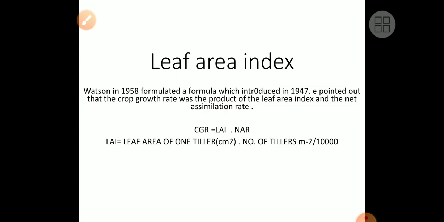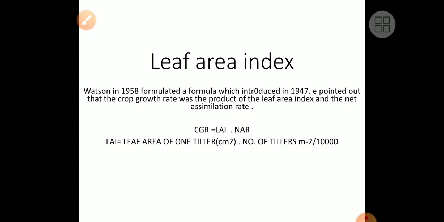And in that sense, as much as the area is there, that much photosynthesis rate is there, isn't it? So in all these things, CGR, crop growth rate, is equal to LAI, leaf area index, into net assimilation rate.